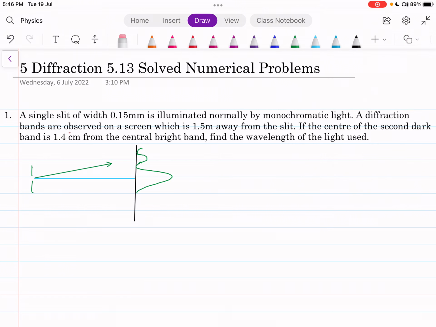So at this point, we are getting second minima. Let us say the angle is theta.